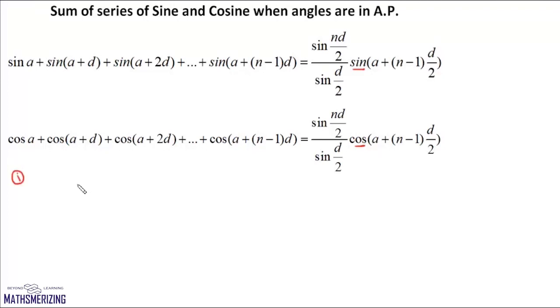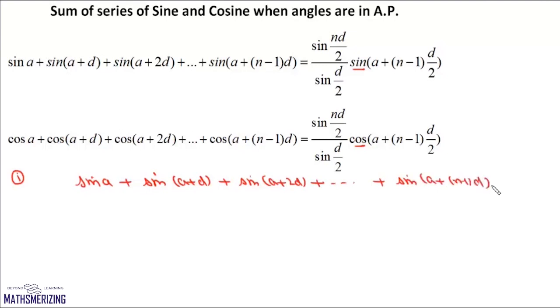We'll start with this first series, which is sine A plus sine A plus D plus sine A plus 2D, and it goes all the way up to sine A plus n minus 1D. Now what we'll do is we'll multiply and divide everything with 2 sine d by 2.